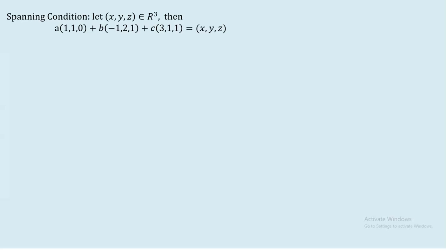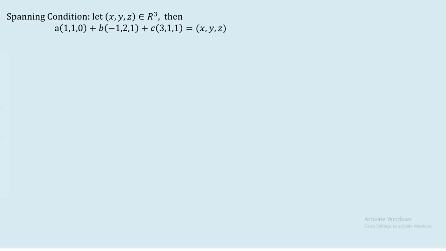Let's see that. Now we have to unite these three and take coefficients a, b, c in order to form (x, y, z). (x, y, z) is an arbitrary entry taken from R cubed. So do you think that these three are building blocks? Do you think that these three are a basis in order to generate any arbitrary entry in R3? Let's check.